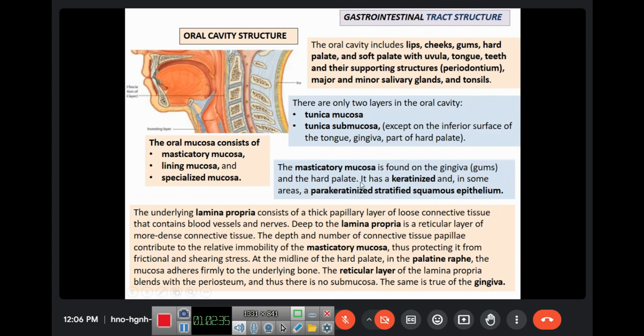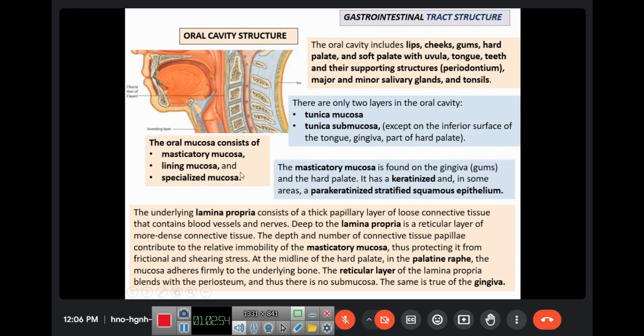This type of mucosa has keratinized epithelium because it is more resistant to mechanical stress during chewing than non-keratinized. And in some cases, we will have the parakeratinized stratified squamous epithelium in the masticatory mucosa.